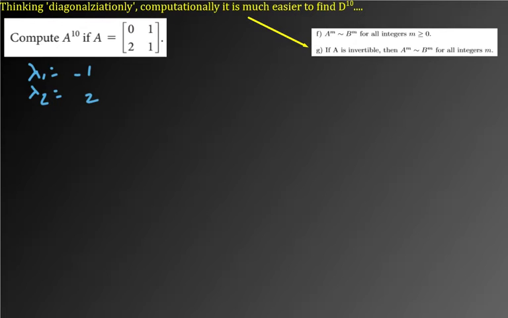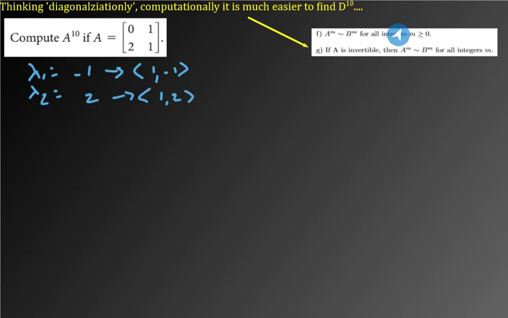And the eigenvectors are 1, negative 1, and for this one you should get 1, 2. So you can do it, trust me. I mostly want to show you the benefit of doing this to the 10th instead of this to the 10th.